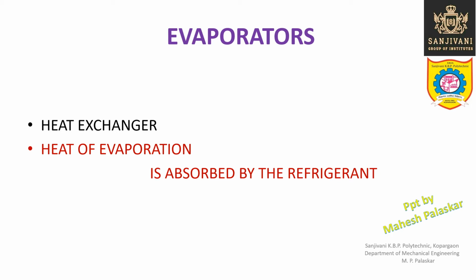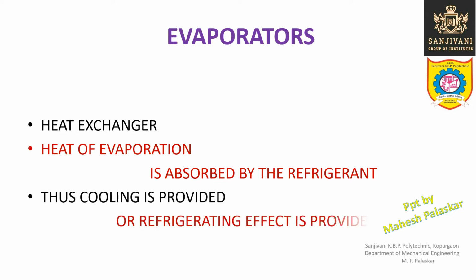The refrigerant gets evaporated, and the heat of absorption is absorbed by the refrigerant from the surrounding, and due to this the surrounding air or surrounding water, first of all the material of the evaporator gets cooled, right? And thus we can obtain the refrigerating effect. So thus cooling effect is provided or refrigerating effect is provided due to the absorption of heat by the refrigerant which is evaporated in the evaporator, right?